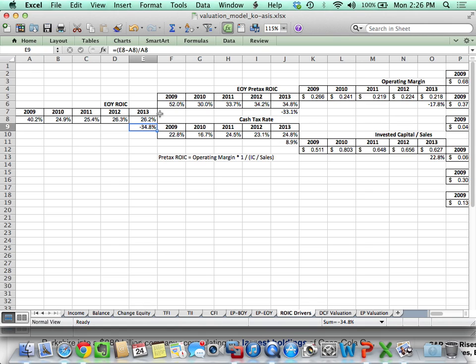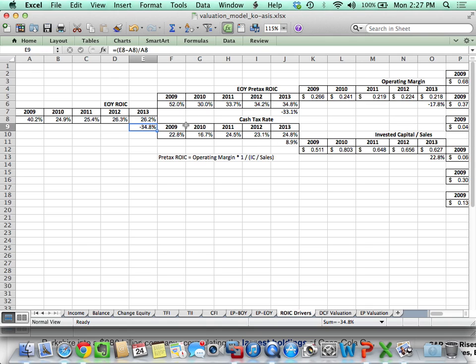Item number 2 is the operating margin: operating profit, or EBIT, divided by sales. Item number 3 is the overall productivity: how much invested capital divided by sales or revenue you have. Those 3 things explain ROIC. Margin times productivity is ROIC after tax.